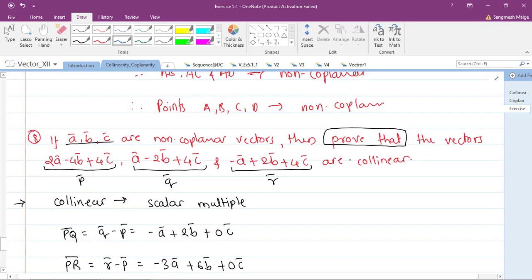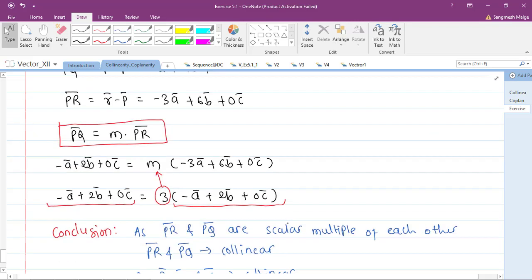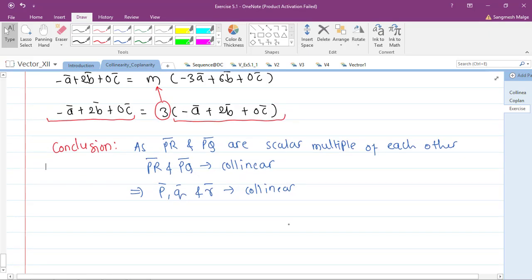We have to prove these three vectors are collinear vectors. Okay, the same thing we have proved here. Good, I hope it is okay.